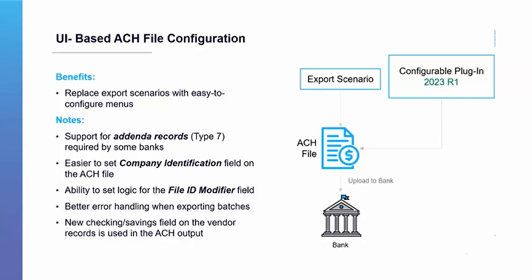In the past, we had created business events that would link to an export scenario that would generate the file, and then you exported that file out to your bank. Now they've added additional capabilities to modify that ACH file and include wires. Let's take a look at what that looks like.